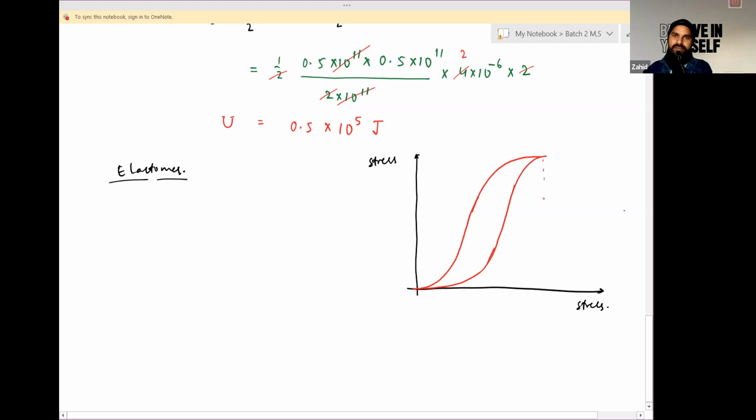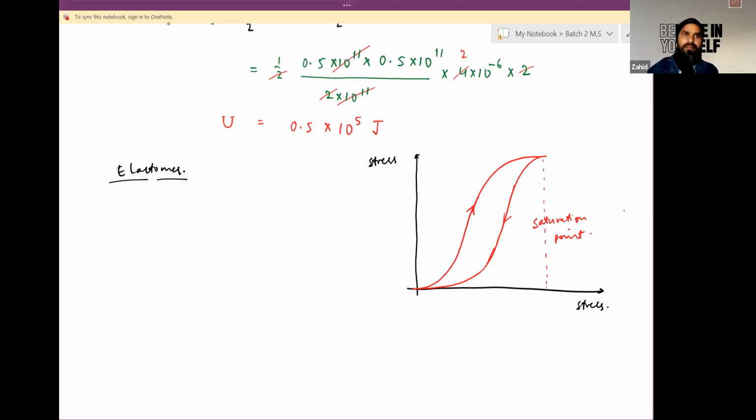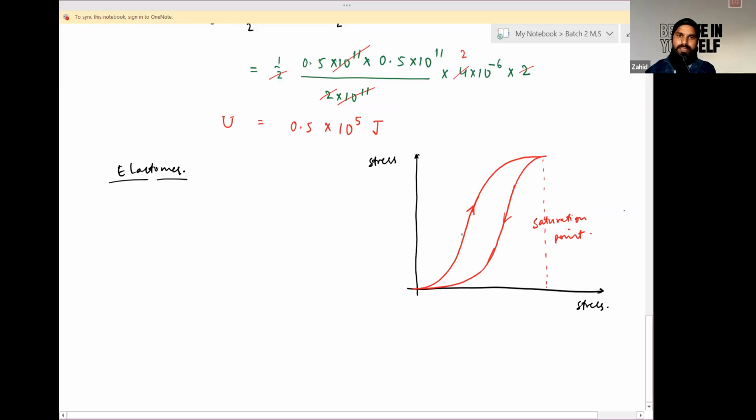So the maximum amount of deformation or stress withheld by this object without breaking is called the saturation point. On extension, it will follow this path. On returning back, it will follow along this path. So there is a change while going along extension and returning back with respect to stress and strain.